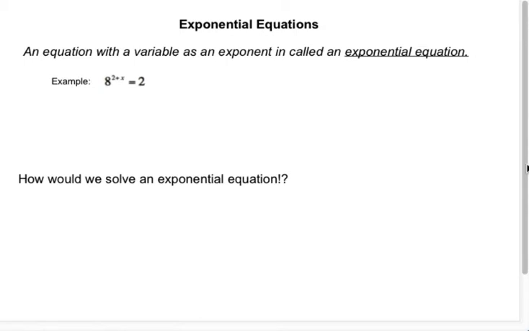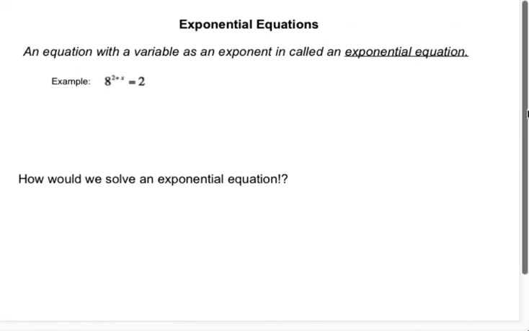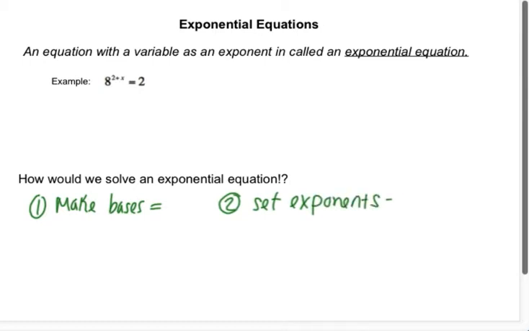Okay, so the second concept for this lesson is solving exponential equations. An equation with a variable as an exponent is called an exponential equation. So basically what you want to do is make your bases equal, and then set your exponents equal.